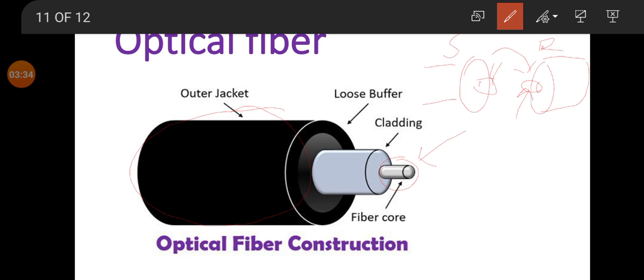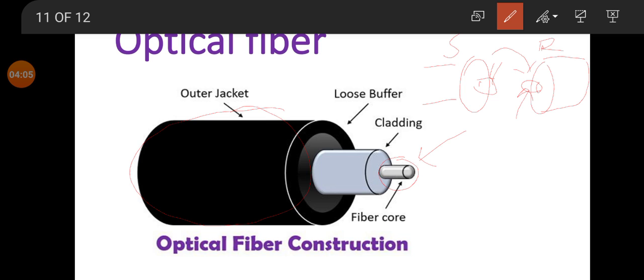Whatever light signal has been received from the sender, it will check to detect the absence or presence of light to indicate data 0 or 1.